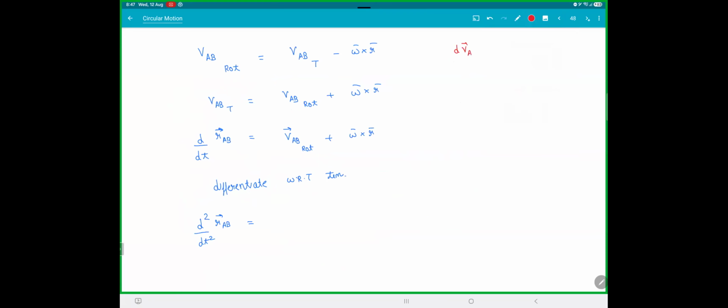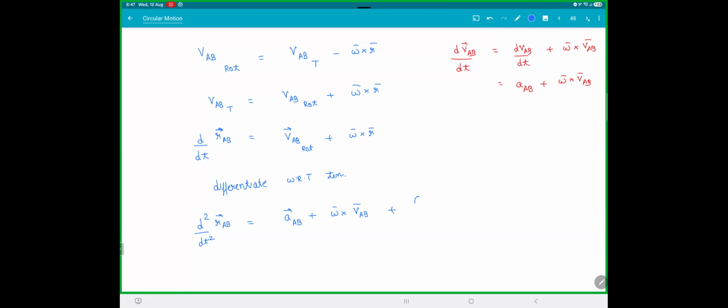So dVAB by dt, when you do this, you end up with dVAB by dt, the magnitude, plus omega cross VAB bar. So this is nothing but acceleration of AB plus omega cross VAB. So this guy will become acceleration AB plus omega cross VAB.